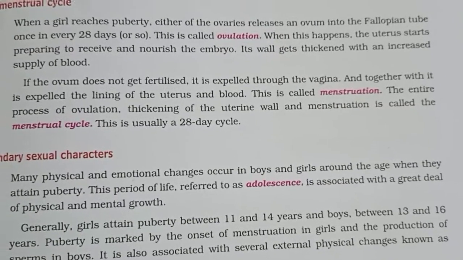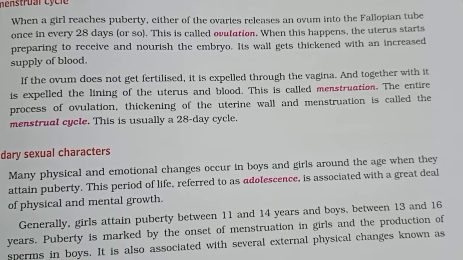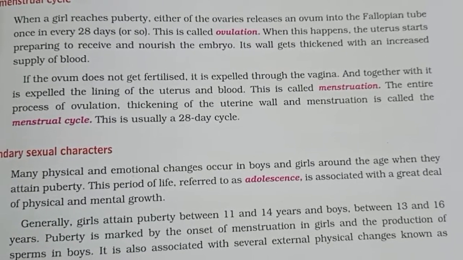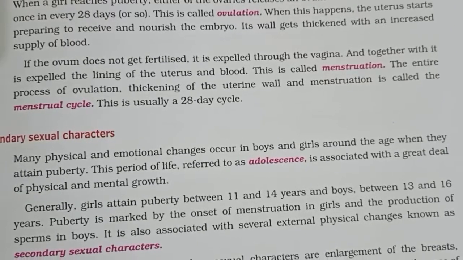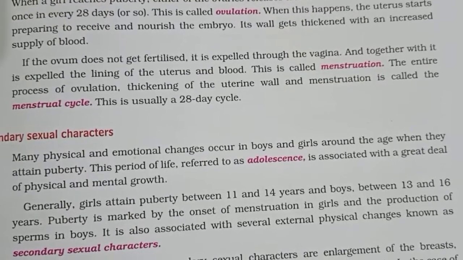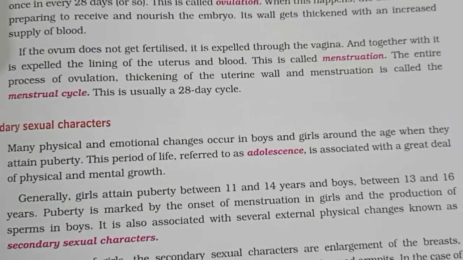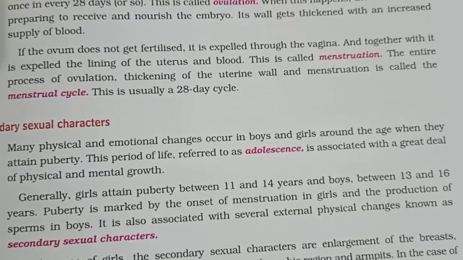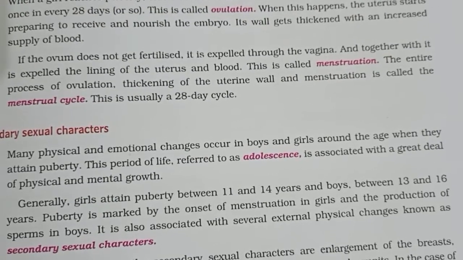So it needs to be expelled, and it ruptures by itself and is expelled from the girl child's body with the help of a process. We call that process menstruation.